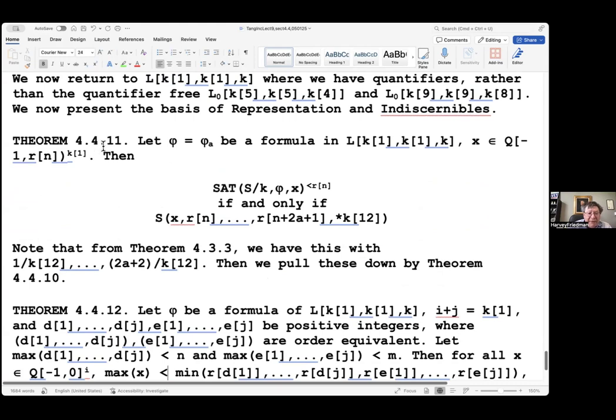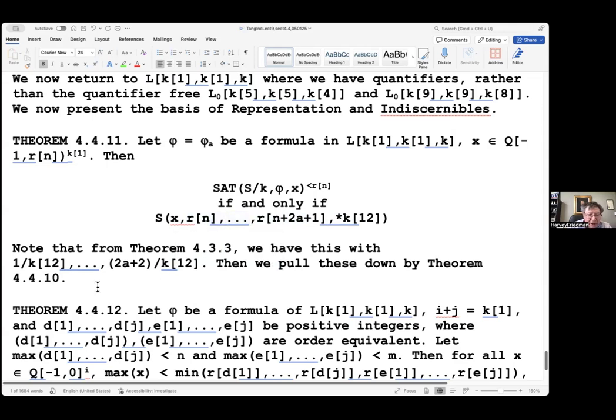Now we already have this. This is our representation theorem that we have from section 4.3, except that here we have positive numbers, 1 over K12 through 2a plus 2 over K12 instead. Actually, I should say this better because this Rn goes to here.